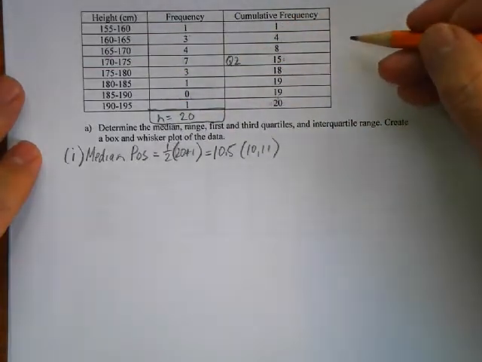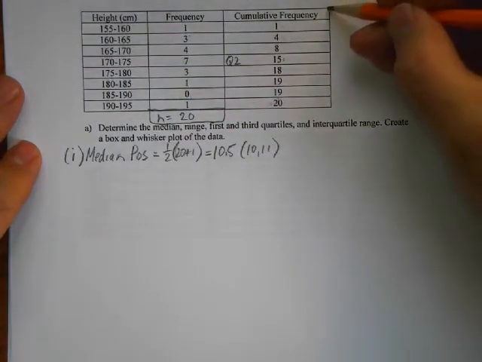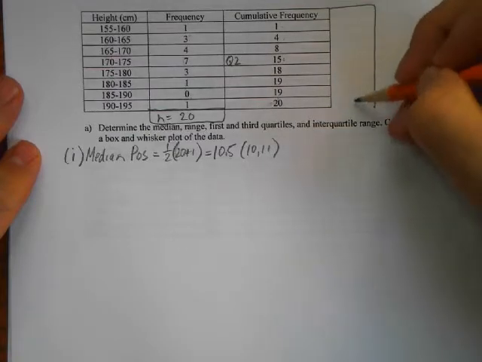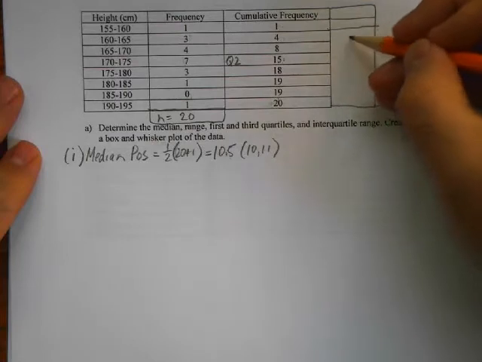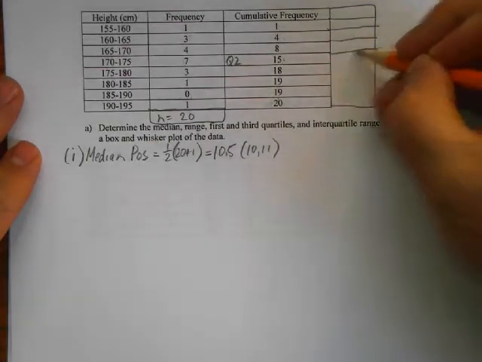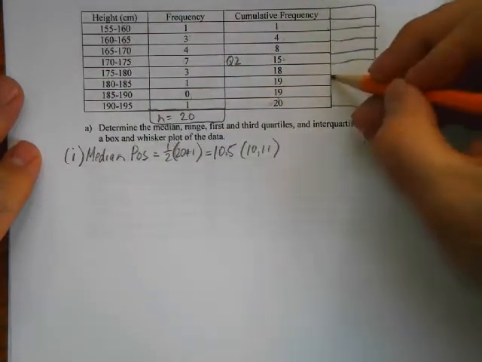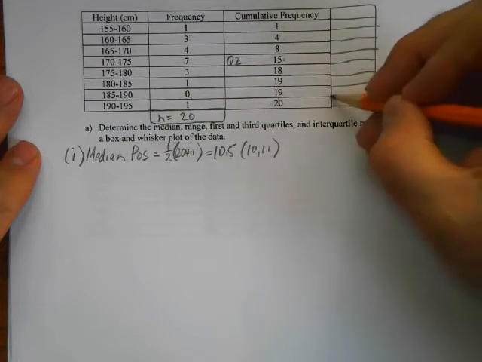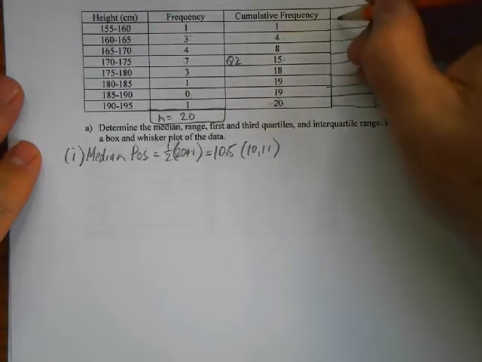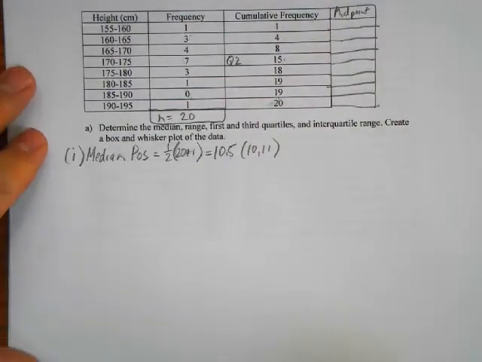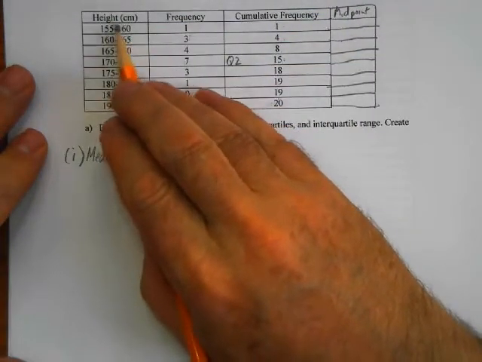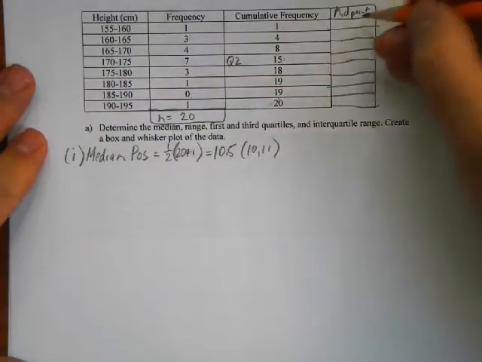Now the other thing I'm going to need here is the midpoint, just like we did before, because you could ask yourself at this point, well, I know it's in the 10th and 11th position, but what value do I give that? So we're going to do the midpoint here.